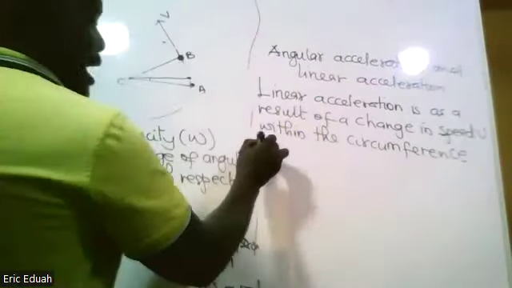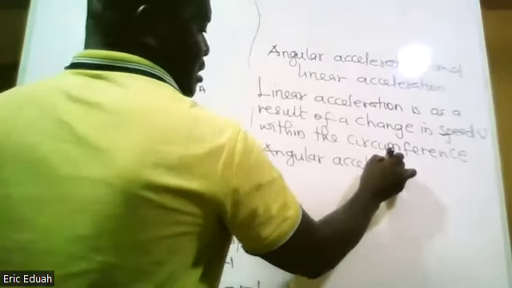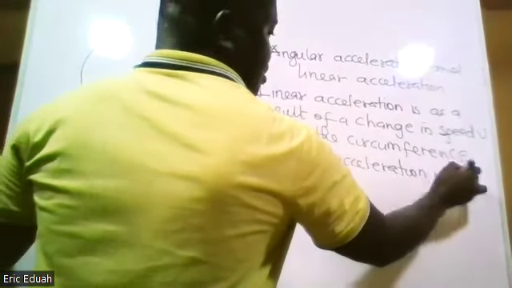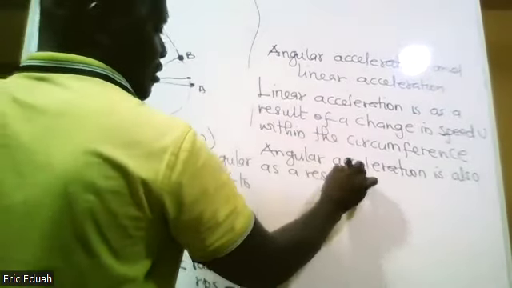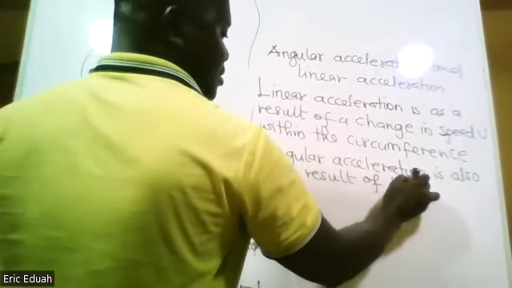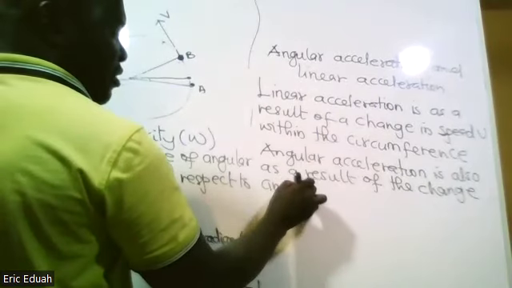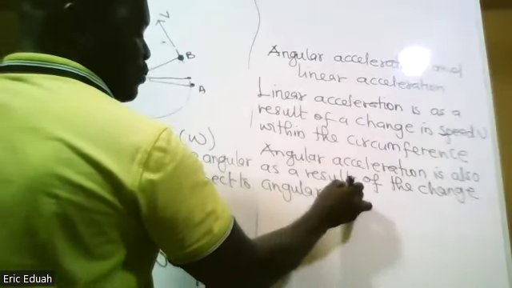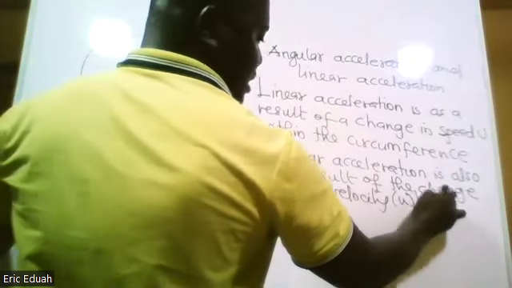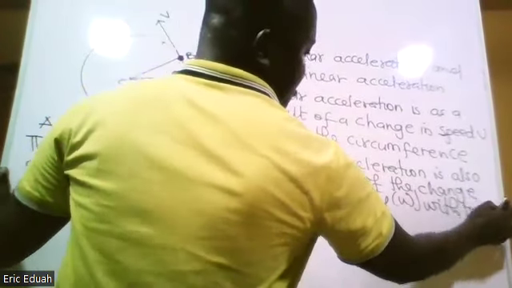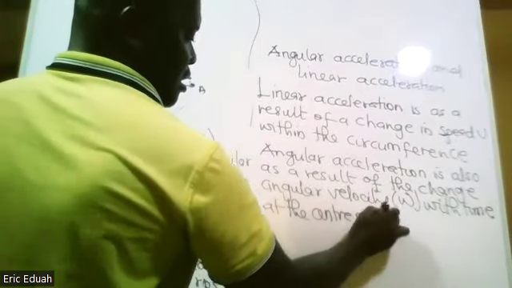Then the angular acceleration is also as a result of the change in angular velocity or angular speed, omega, with time at the center of the circle.